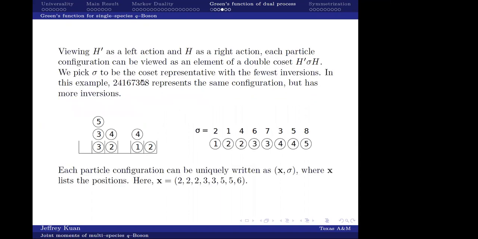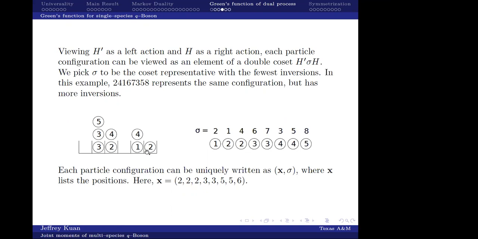So one of the actions is the left action, the other is the right action. So each particle configuration can be viewed as an element of a double coset. It's a fact from the combinatorics of Coxeter groups that you can pick a coset representative with the fewest inversions.